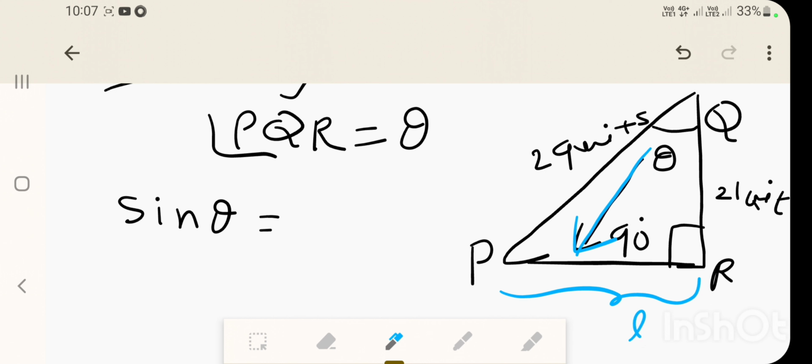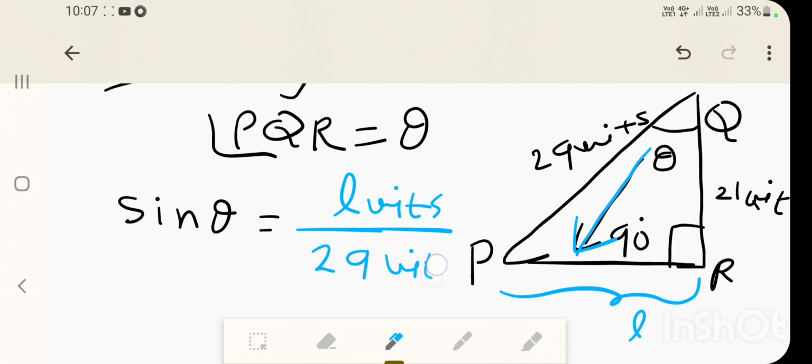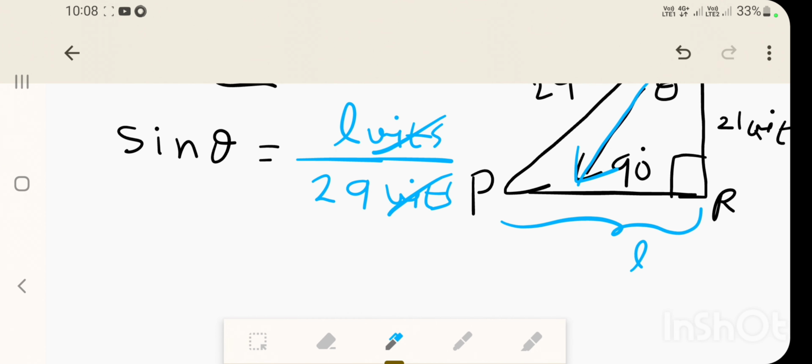So the length of PR is L divided by the hypotenuse length, that is 29 units. L is also in units, so L units divided by 29 units. Units will get cancelled.